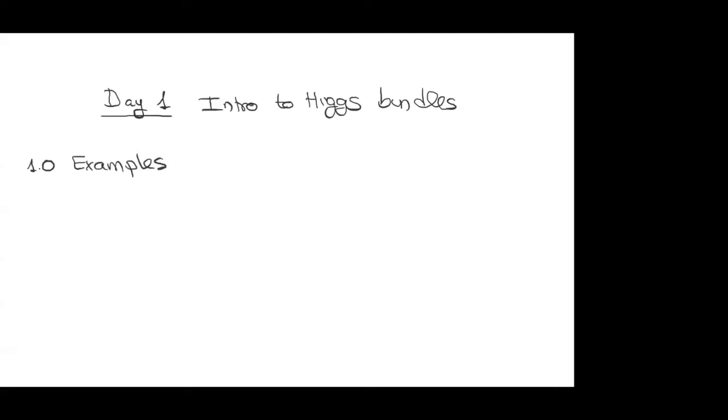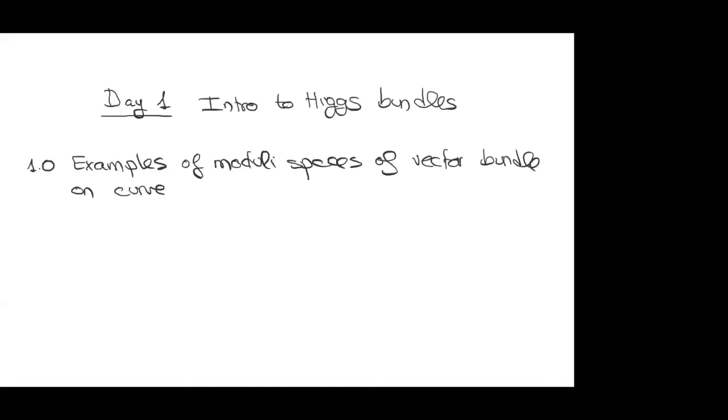Higgs bundles have to do with moduli spaces of bundles, so some examples of moduli spaces of vector bundles. And I'll be focusing on curves. So these will be smooth, projective, connected, everything that's nice.